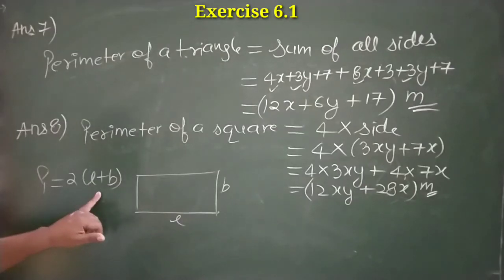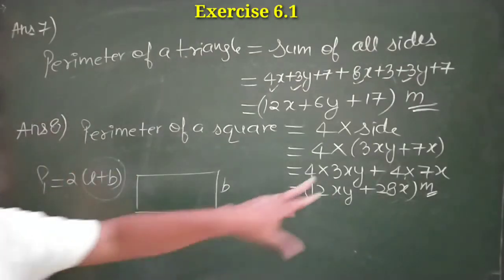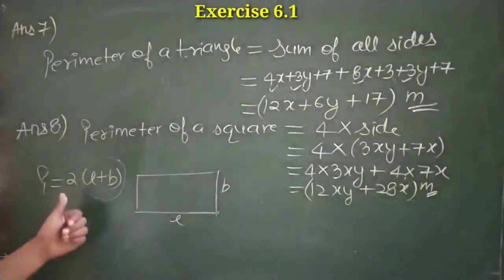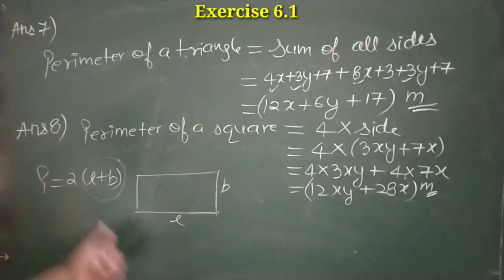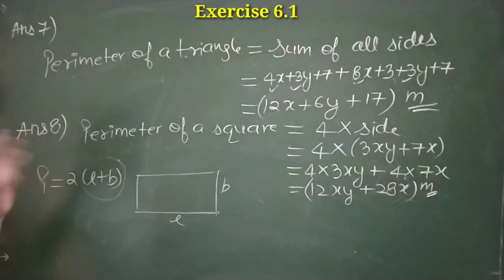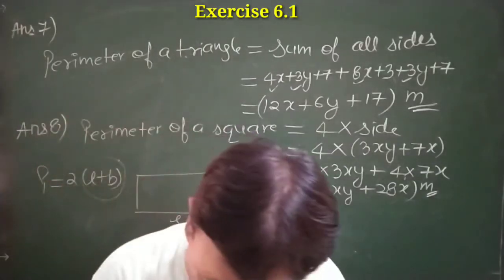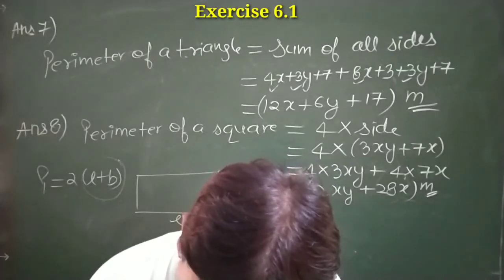Substitute the values of L and B from the question, and whatever answer comes on solving, it will get multiplied by 2 in the same way as I had 4 multiplied in question number 8. Okay. So students, you have to do exercise 6.1 from question number 1 to question number 9.